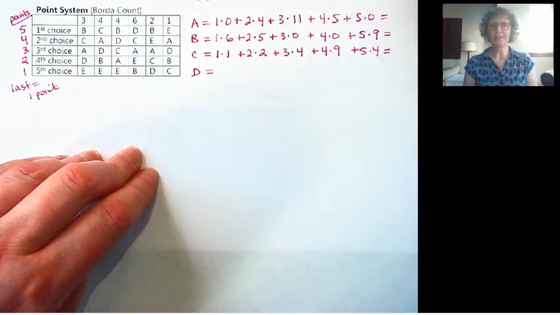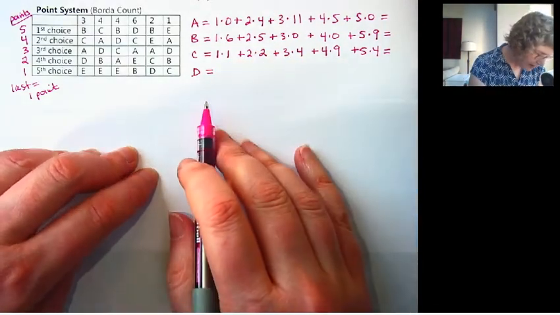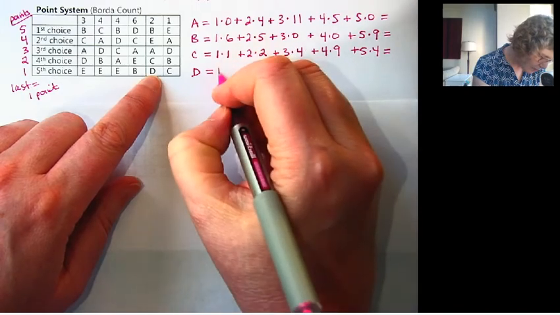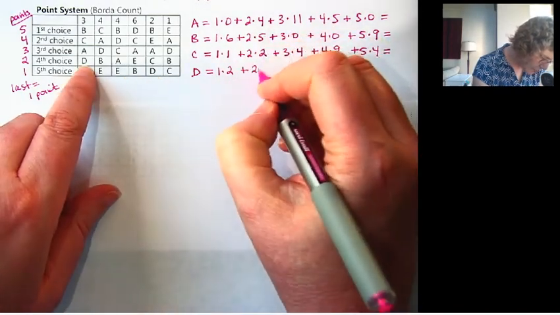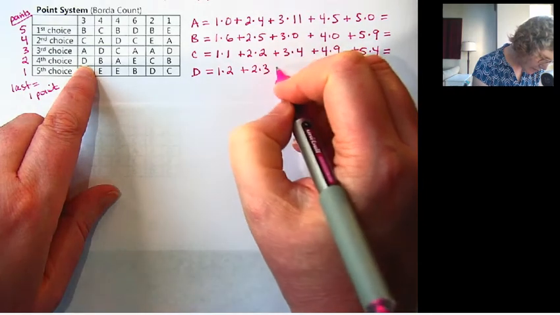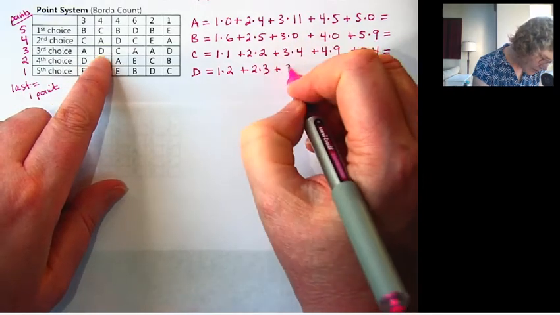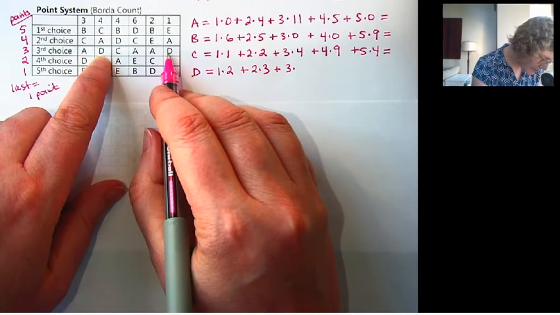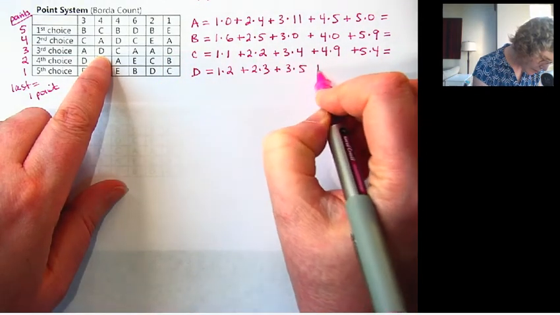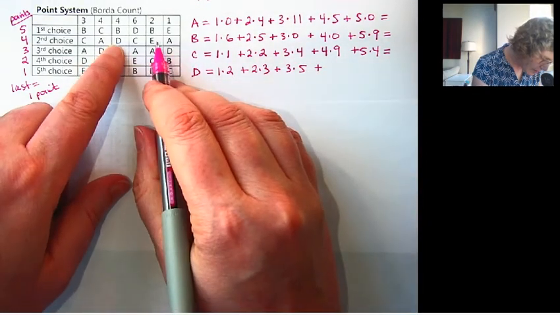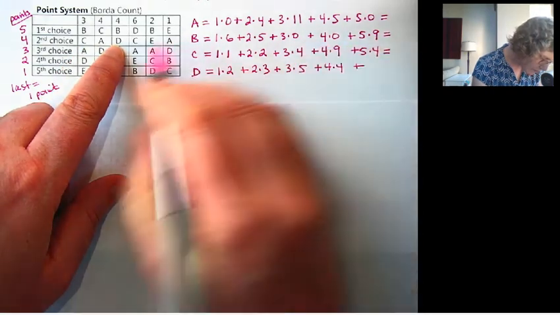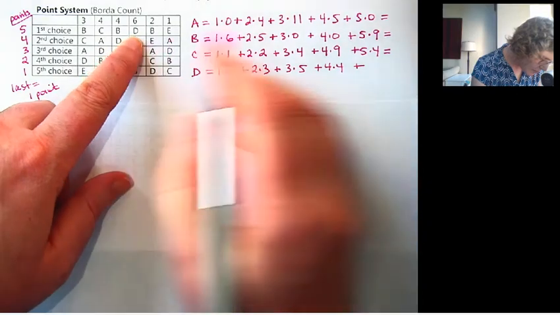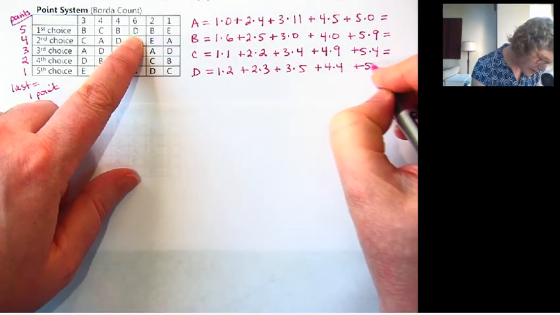Okay, 2 more. I said it was tedious, right? D has 1 point times 2 plus 2 points times 3 plus 3 points times 5 plus 4 times 4 plus 5 times 6.